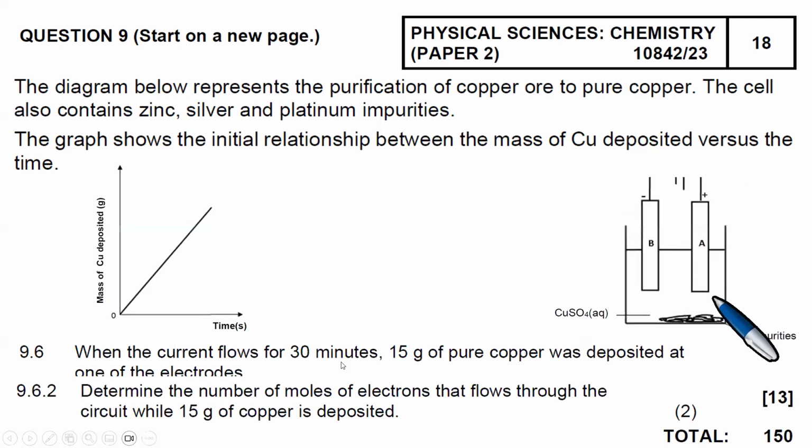When the current flows for 30 minutes, 15 grams of pure copper was deposited at one of the electrodes. Determine the number of moles of electrons that flows through the circuit while 15 grams of copper is deposited.